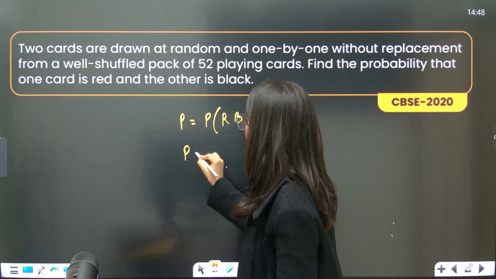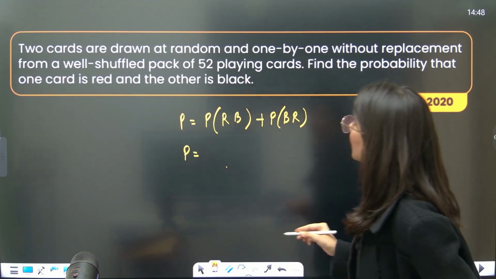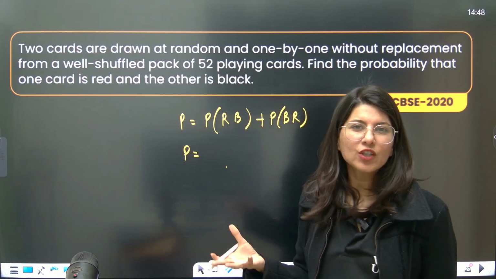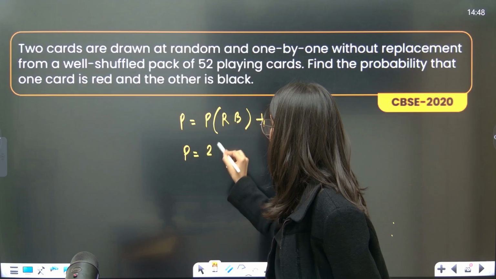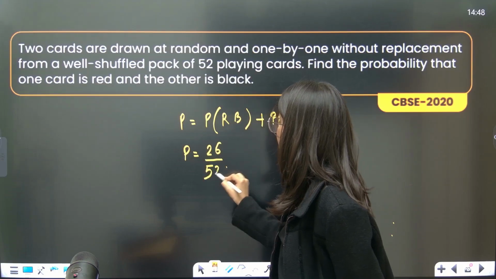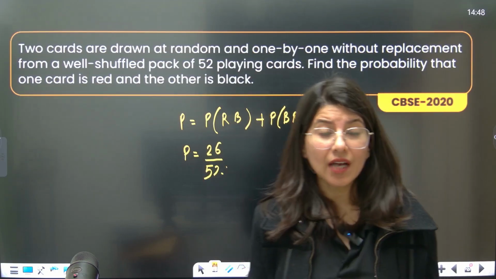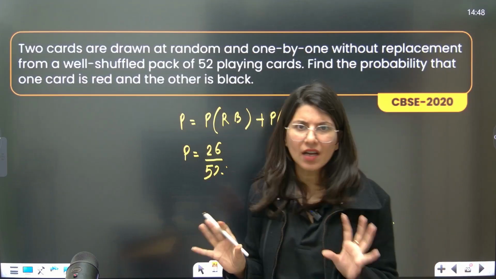First card being red: you know 52 cards are there, 26 black, 26 red. So 26 upon 52. Now that you have removed one red card, still 26 black cards are intact.